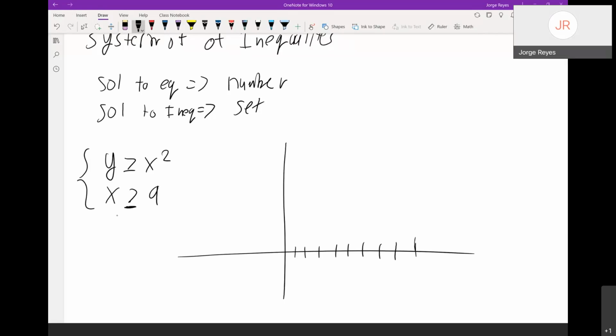This doesn't have an equal to bar under it, so I'm going to draw a dotted line. And hopefully it's straight. Okay, better. If you see the bar, it's a solid line. If it doesn't have the bar, it's a dashed line.